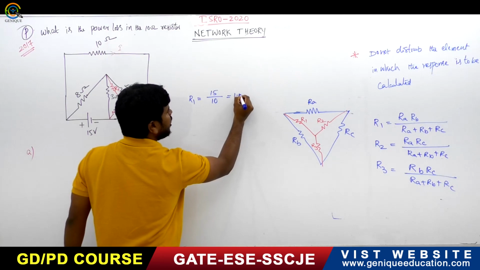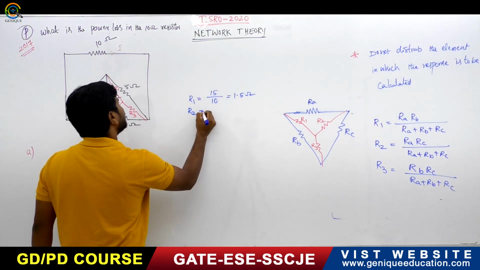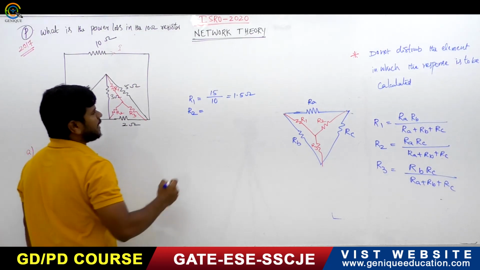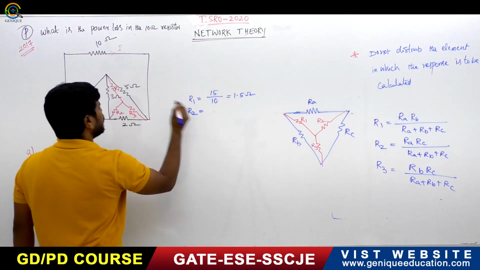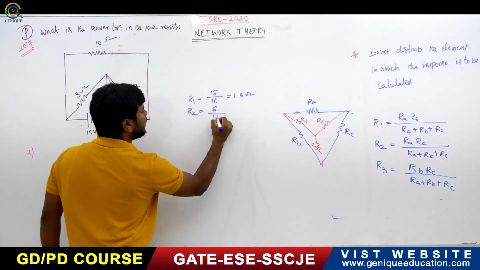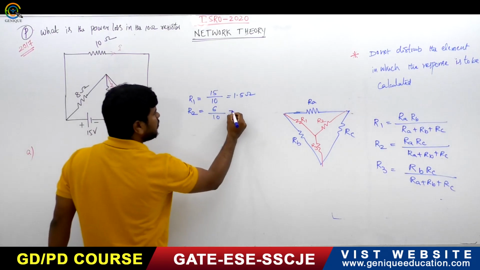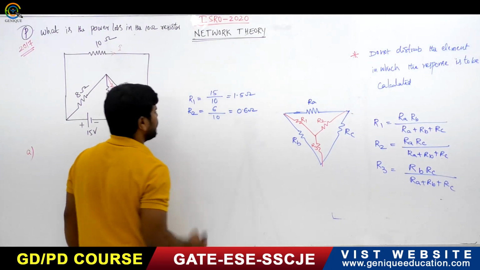This will be 1.5 ohms. What is R2? R2 is 3 into 2 divided by 10. 3 into 2 is 6, divided by 10. This will be 0.6 ohm.